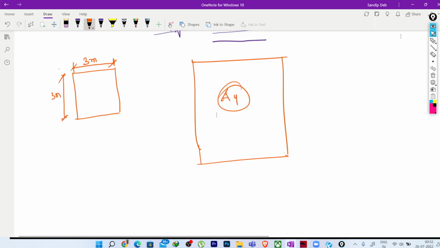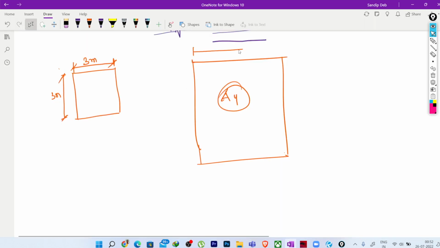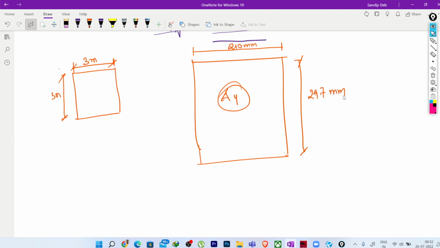So the dimension here is 210 by 297. So obviously this particular plot of 3000 by 3000 can't be drawn in such a small size paper, right?